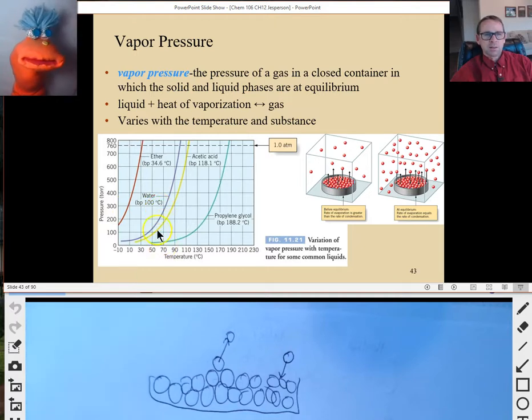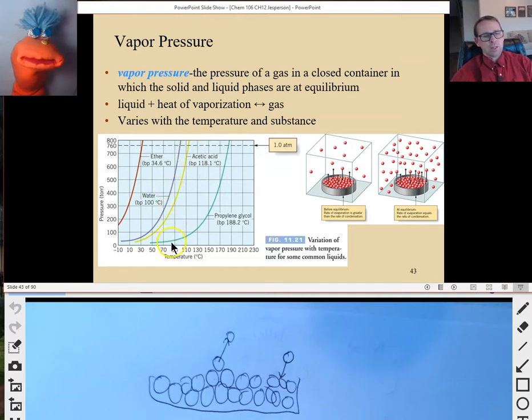And that's because comparing water, acetic acid, and propylene glycol, water has the weakest intermolecular forces. It can hydrogen bond, yes, but propylene glycol has a dipole-dipole and can have lots of London forces. Acetic acid is larger, therefore it has more London forces, and it can also hydrogen bond.